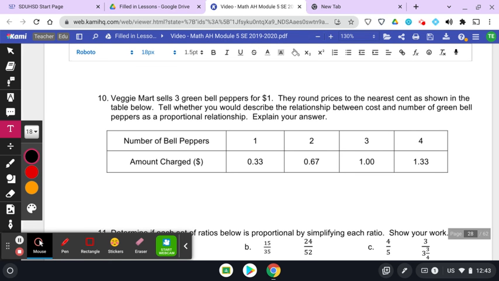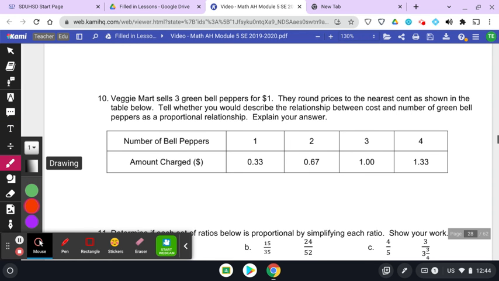On this one they rounded down, on this one they rounded up, because when you go $1 divided by 3, technically that gives you 0.3 repeating. Well, here they rounded down and here they rounded up. So really, it's not proportional because of the rounding errors.